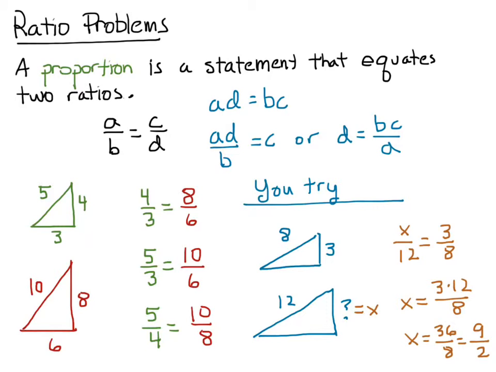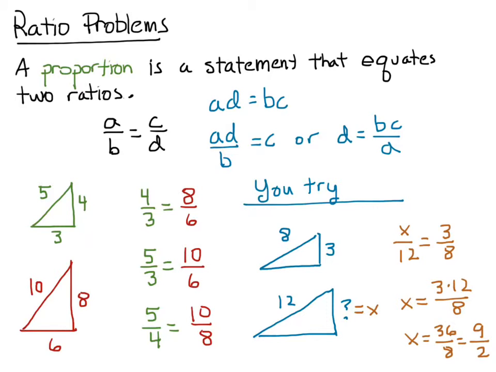There's almost no way wrong to set this up, so long as you're making the correspondence. If this is, for lack of a better word, the hypotenuse, the hypotenuse to the hypotenuse is the same ratio as the height to the height.